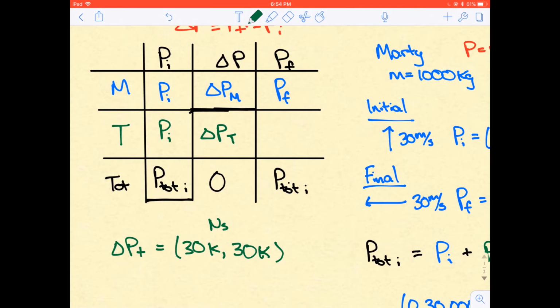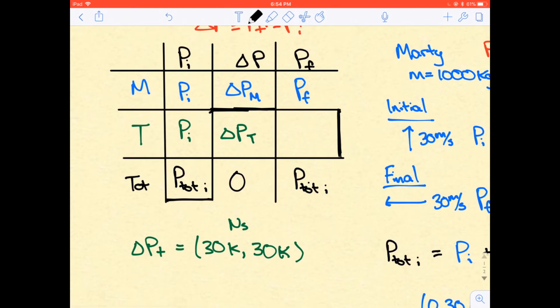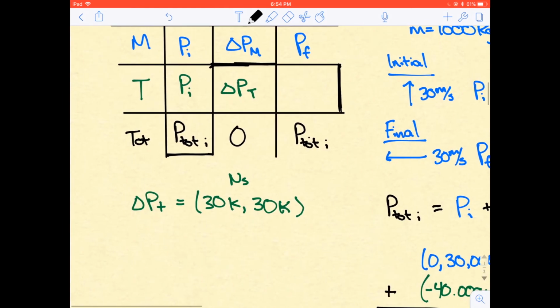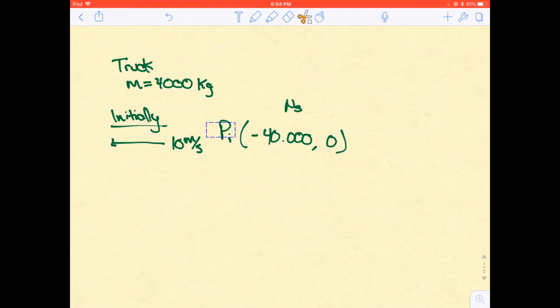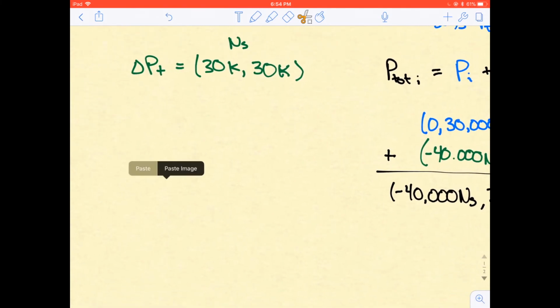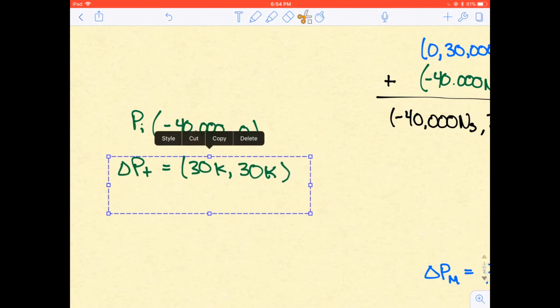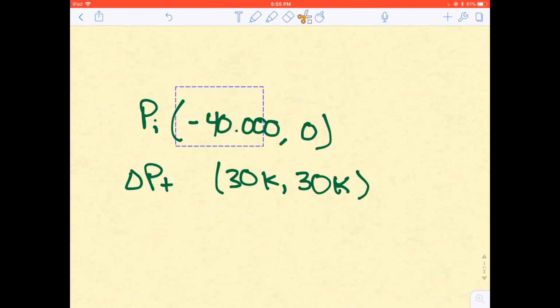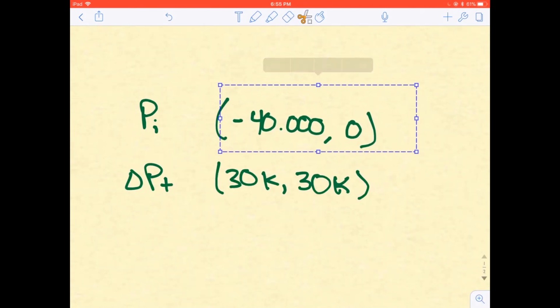And finally, we have this last square, so the P final of the truck. And again, since we're doing coordinates, this shouldn't be too hard. Okay, here it is. Basically, at this point, all we're doing is just adding these values up.